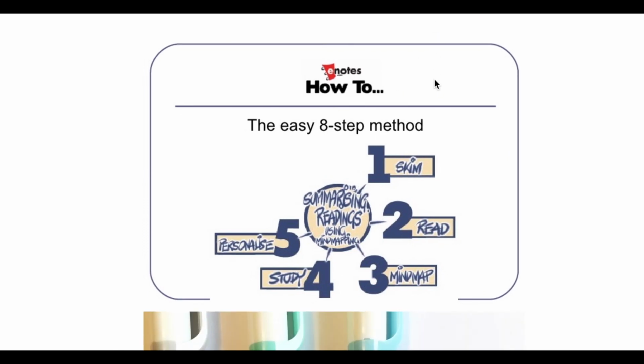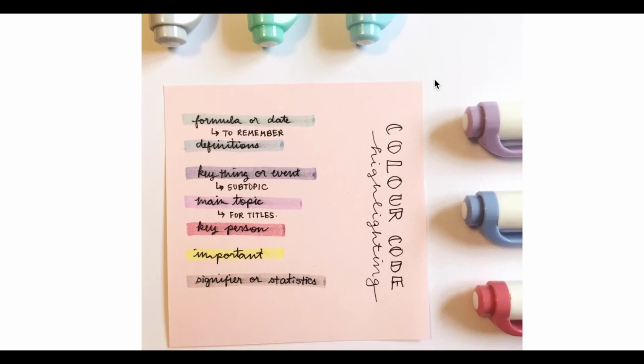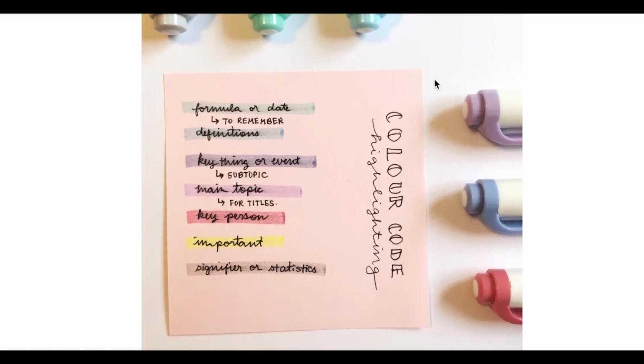Now let's move on to the fifth step. This is personalization. After you study, you will now proceed with your note taking. So personalization involves highlighting, creating legends, and basically anything that will apply to you. This will be different for everybody, depending, of course, on the materials that you have and depending on what you learned.